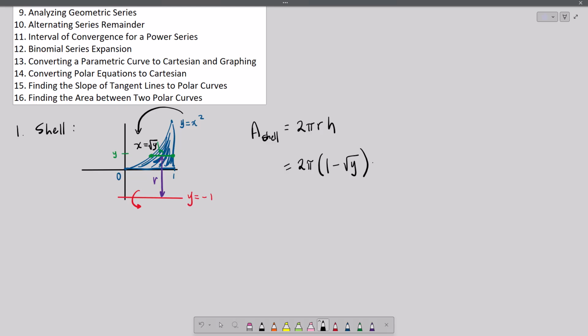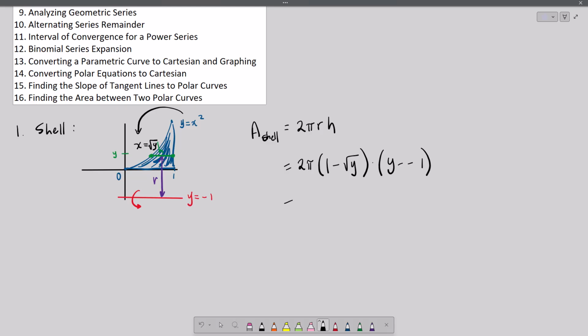The lower y is minus 1, so it's y minus minus 1, upper y minus lower y. Or if you're more geometrically inclined, this y is above the x-axis, so it's positive, plus whatever this distance is right here, which is 1. So you could end up with y plus 1 looking at it geometrically also.